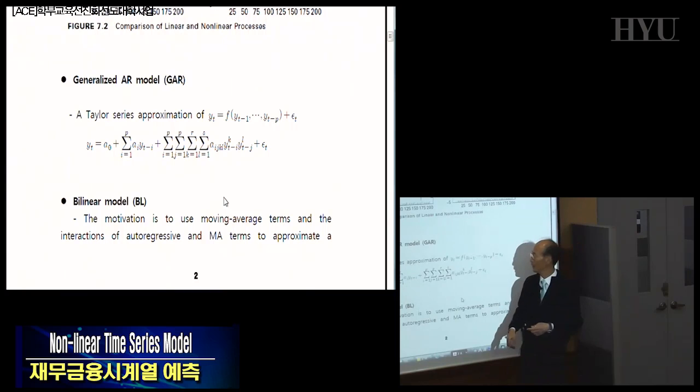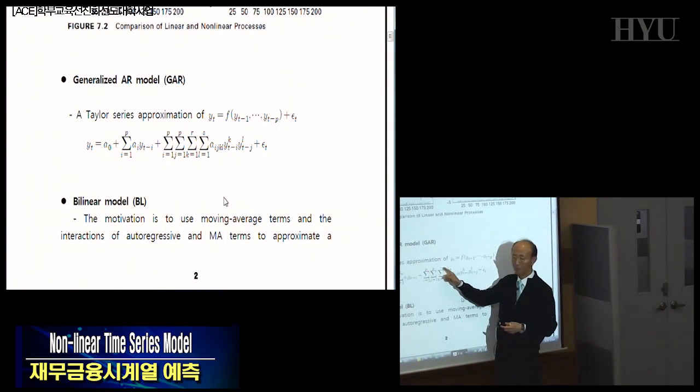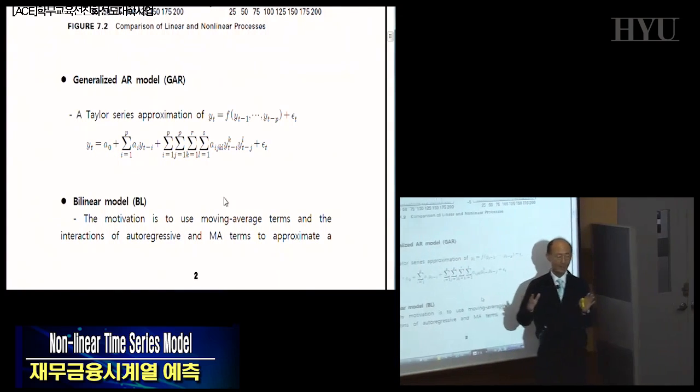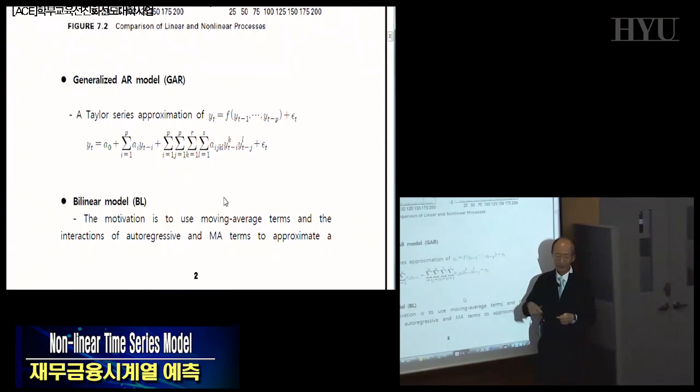So try different combinations, calculate the sum of squared residuals, and try to find in what combination you obtain the smallest sum of squared residuals.